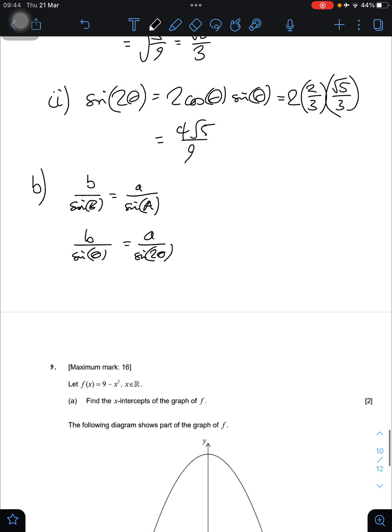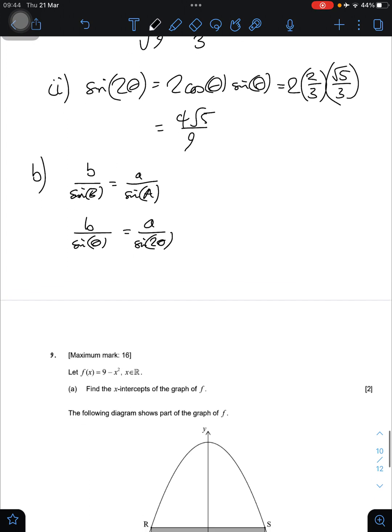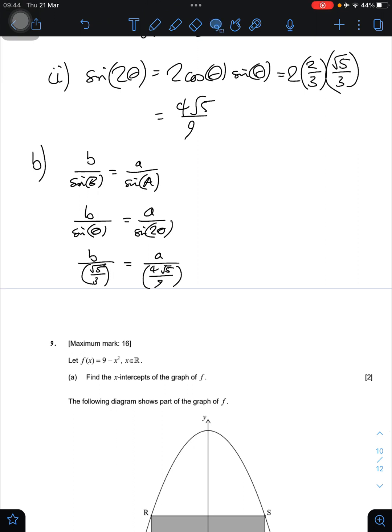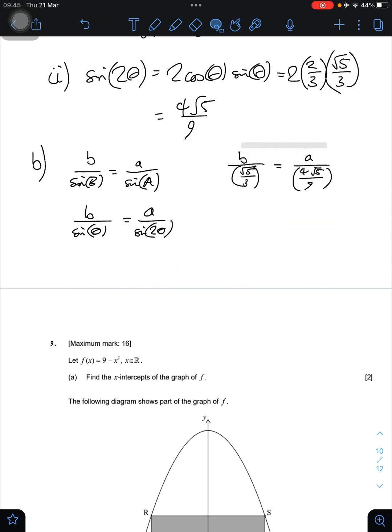And then we'll just use our values from part A. We found that our value for sine theta was the square root of 5 over 3, and we found that our value for sine 2 theta would be 4 square root 5 over 9. And so let me write that over here. If I multiply through, the first thing I'm going to do is flip the fraction here.